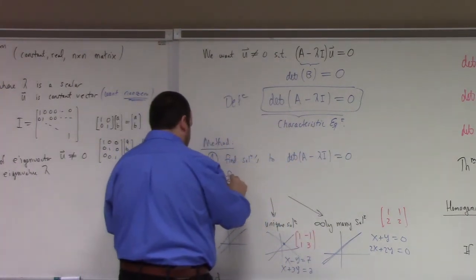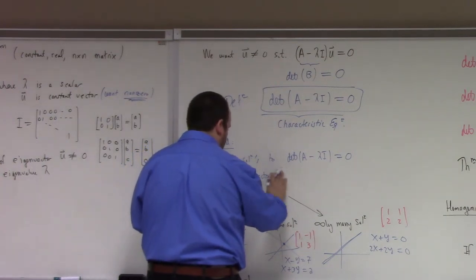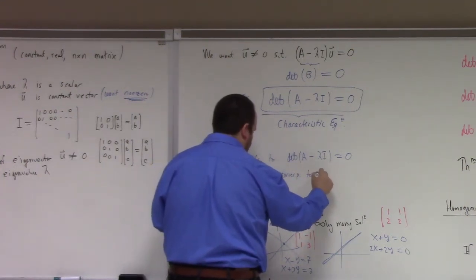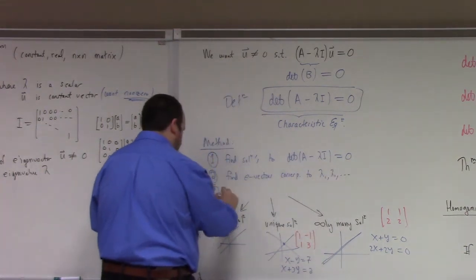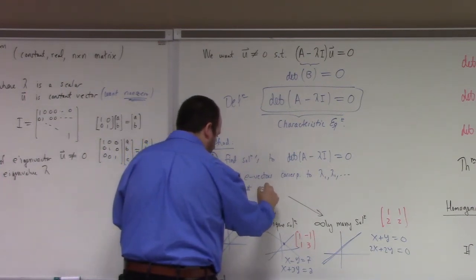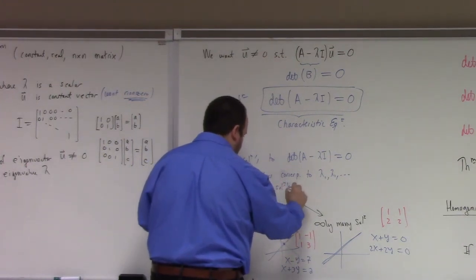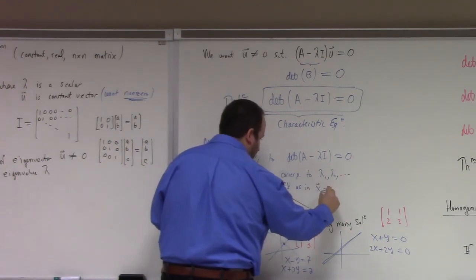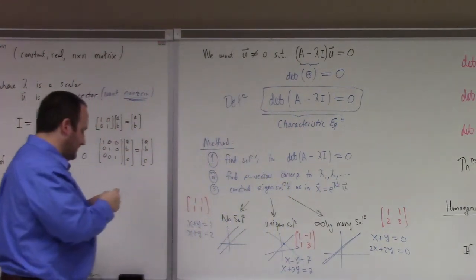Number 2, we find the eigenvectors corresponding to those lambda. And then 3, you construct your eigensolutions, as in x equals e to the lambda t u. Those are going to be solutions.